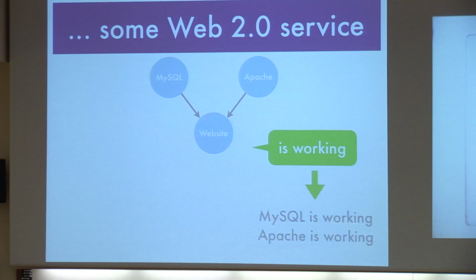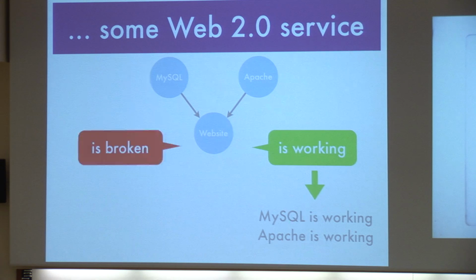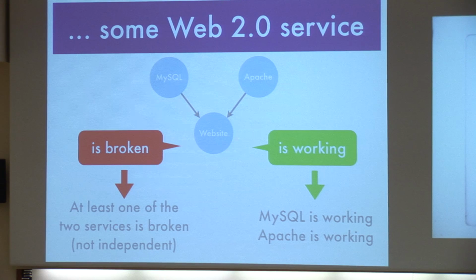So here's a practical example of what's going on. If the site is working, I know that the database and the web server are working. So I can immediately infer those two things, so they're clearly not independent. Now, if it's broken, I know that at least one of the two services has to be broken. I don't necessarily know which one. It could be both of them.